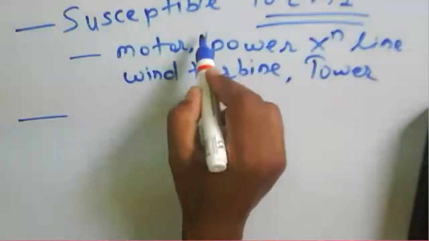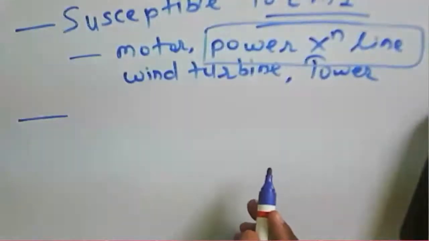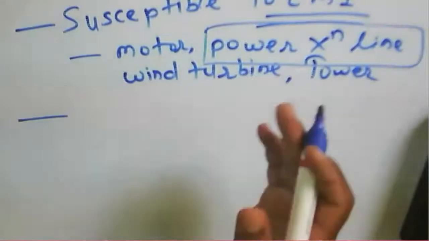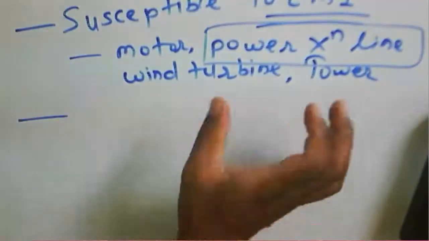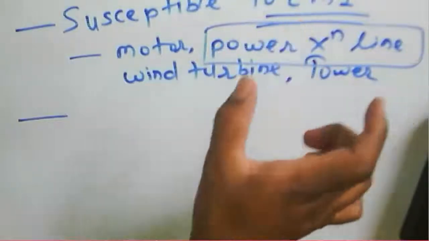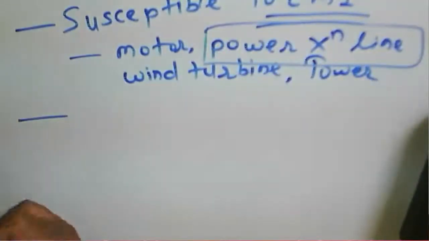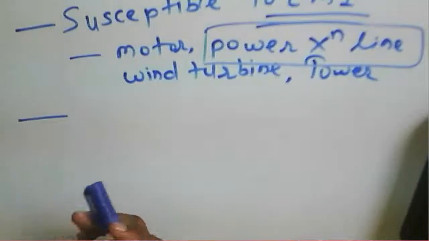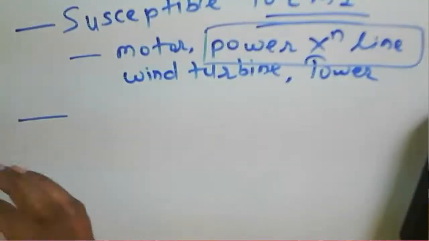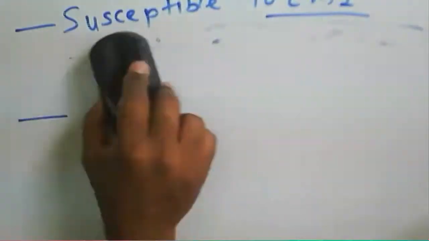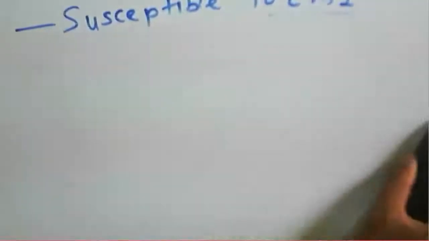Or if you go below a power line, there will be radiation, so your body gets affected. So don't go there practically. There is no need to go near a high voltage line, because it is very dangerous. So that is about the electromagnetic interference.